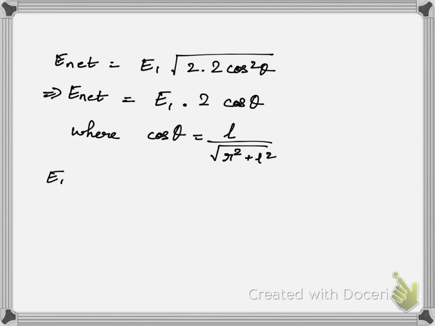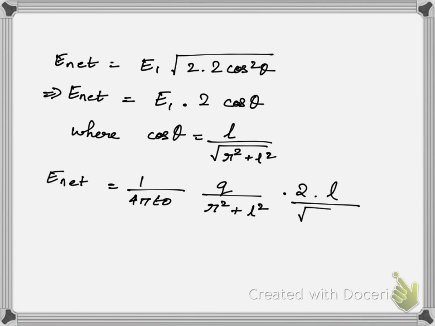So E net therefore is equal to, what was the value of E1? 1 by 4 pi epsilon naught q by r square plus L square into 2 into cos theta divided by root of r square plus L square. So in this expression I have basically substituted the values of E1 and cos theta.